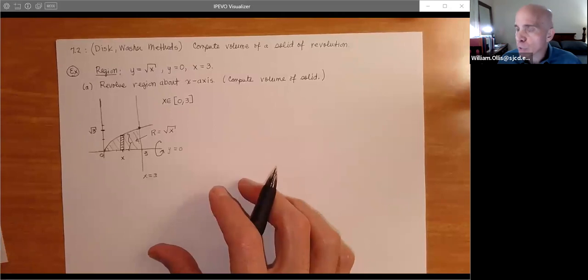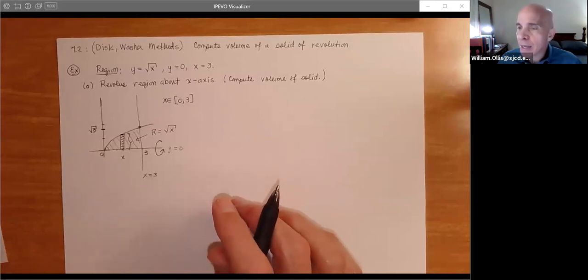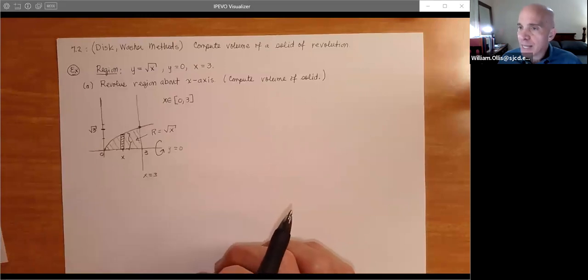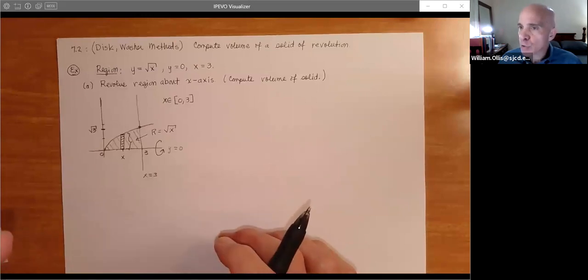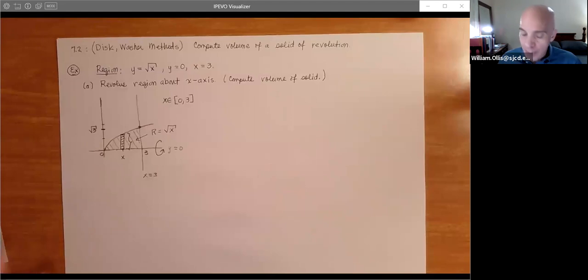And that's why a picture is always really nice. And so then you think, well, how do you find the volume of the disk? Well, it's the area of the circle times the thickness.